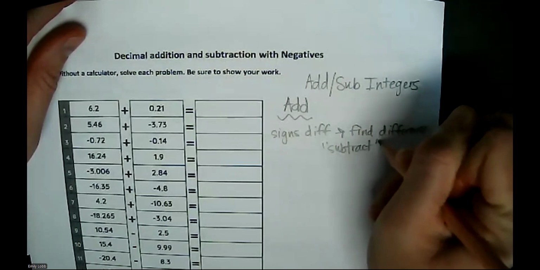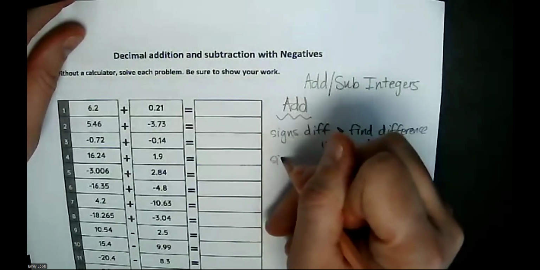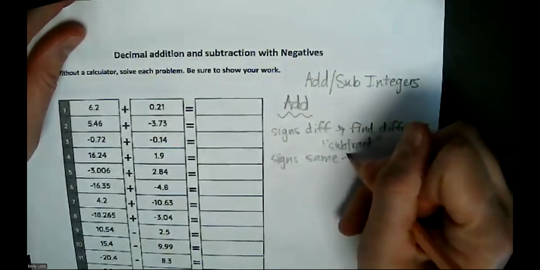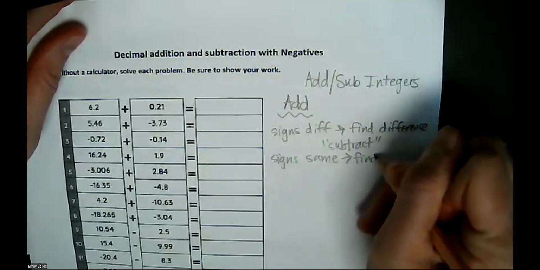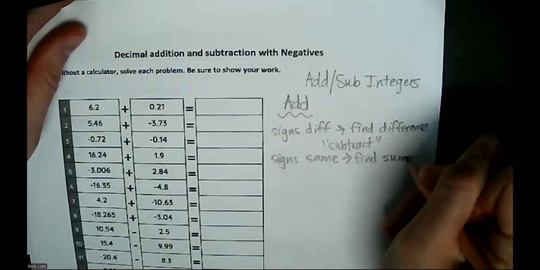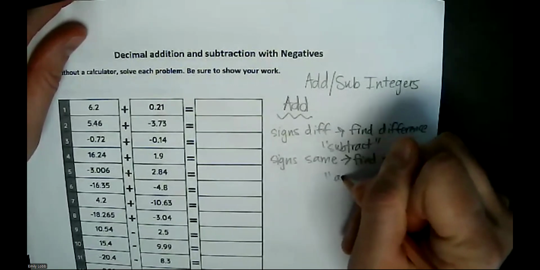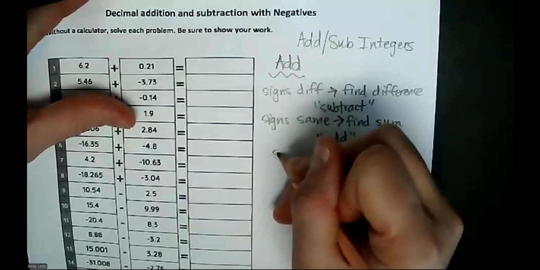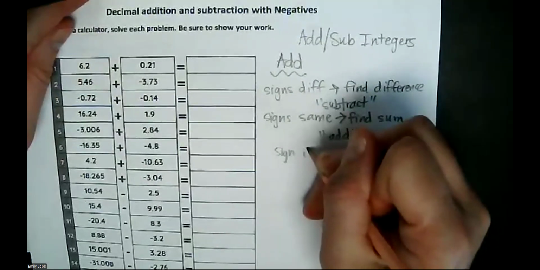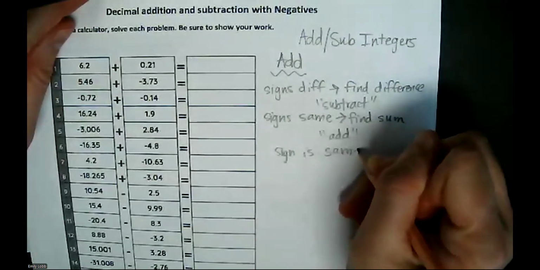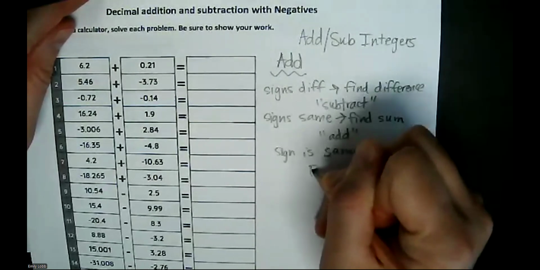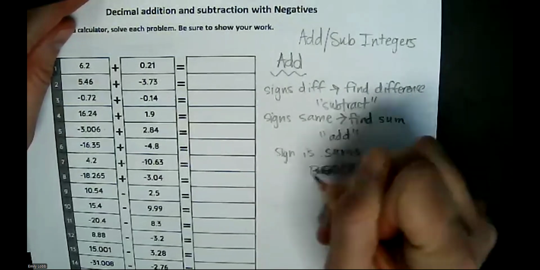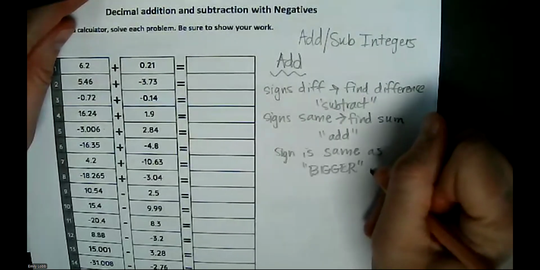Okay? And when our signs are the same, we would find the sum, which means we're really going to add our numbers, okay? And then our sign is the same as the bigger. Now, remember, this is like the absolute value bigger, the bigger number.